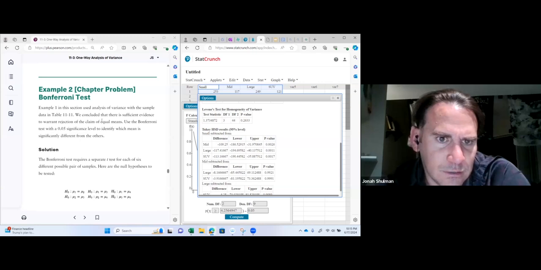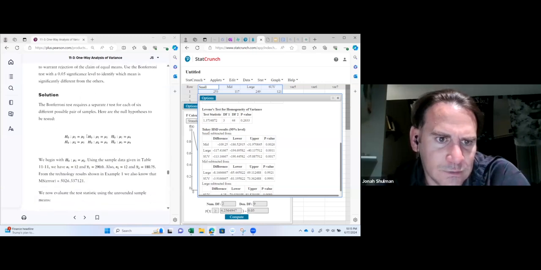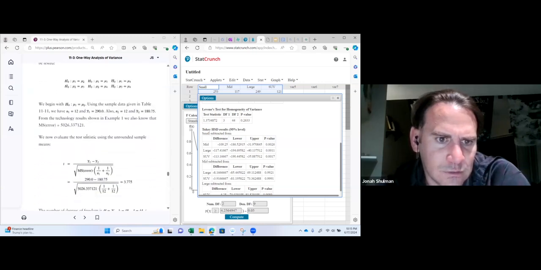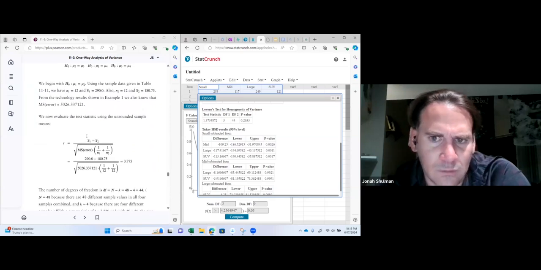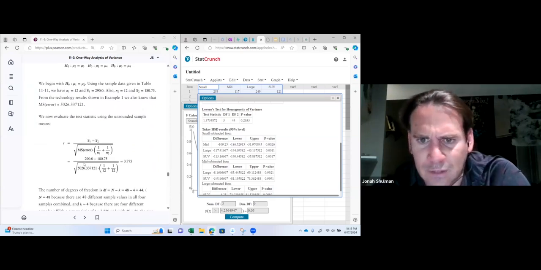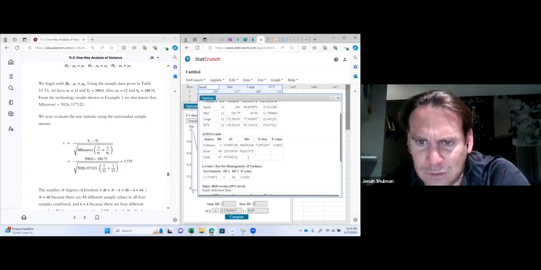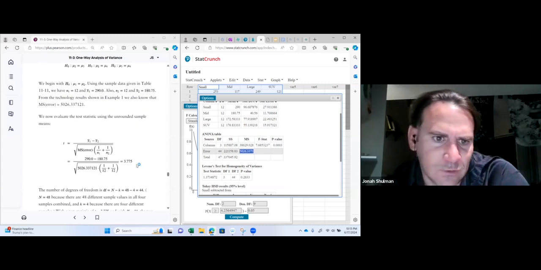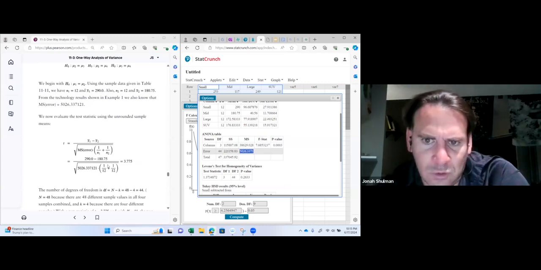Okay, use the Bonferroni test, discuss it. Let's do the first one we did. Notice that they have that mean standard error. Does it match ours? Oh my God, it's right here. Here's the mean standard error: 5026.3371. There's 12 in each group.